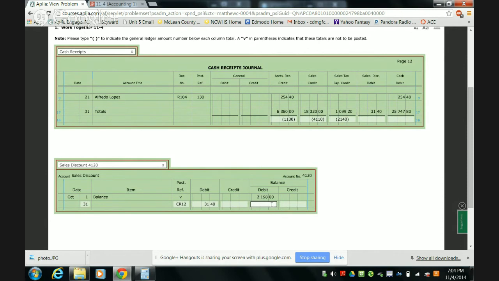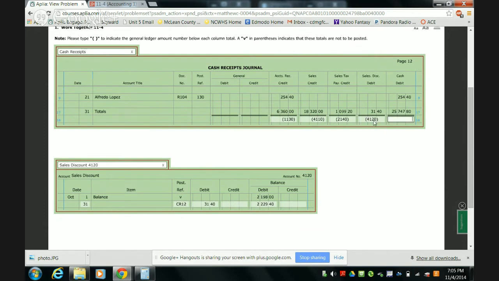So it's a contra revenue. Revenues usually have a credit, so a contra has a debit. Sorry, I add those 2 up here and I get $2,229.40. Post it here to 4120.